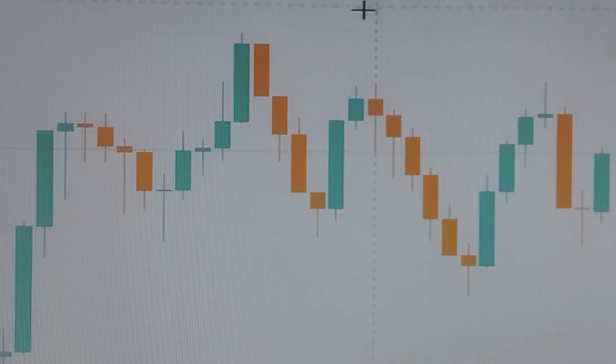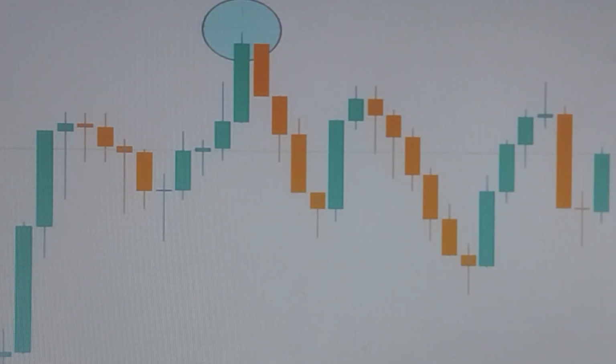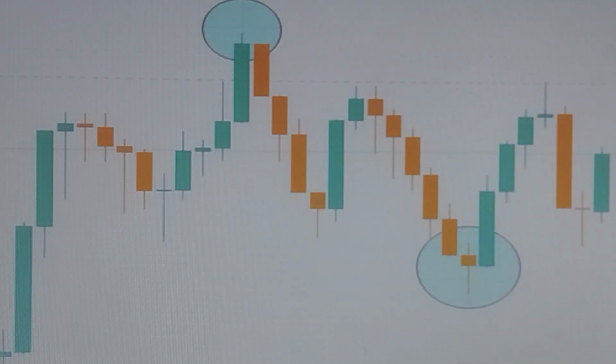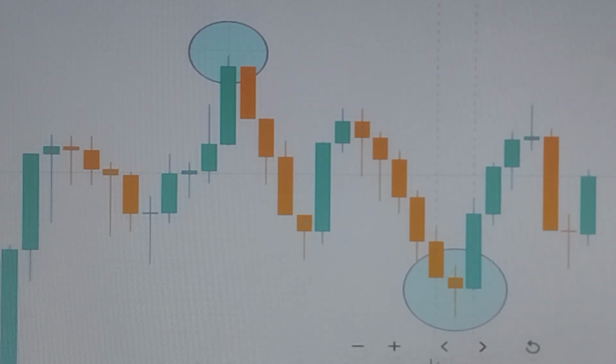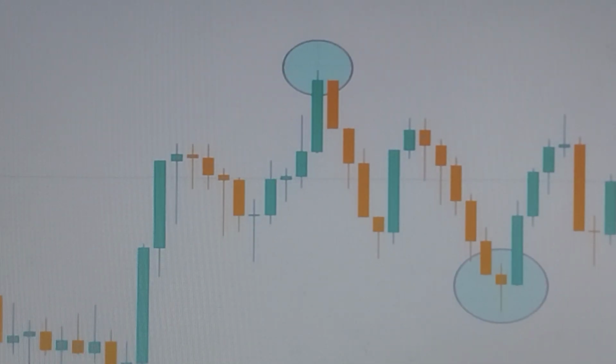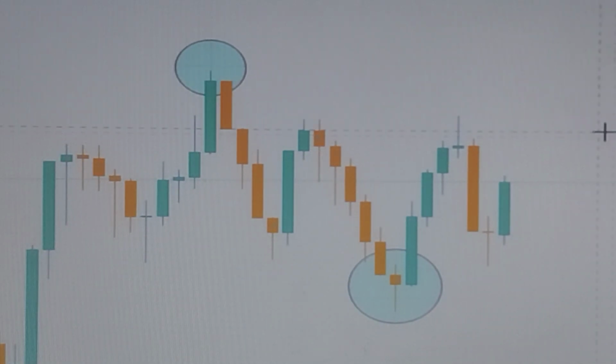So we spoke about our higher highs, our higher lows. These are the things that we spoke about when we started our tuitions or our classes.